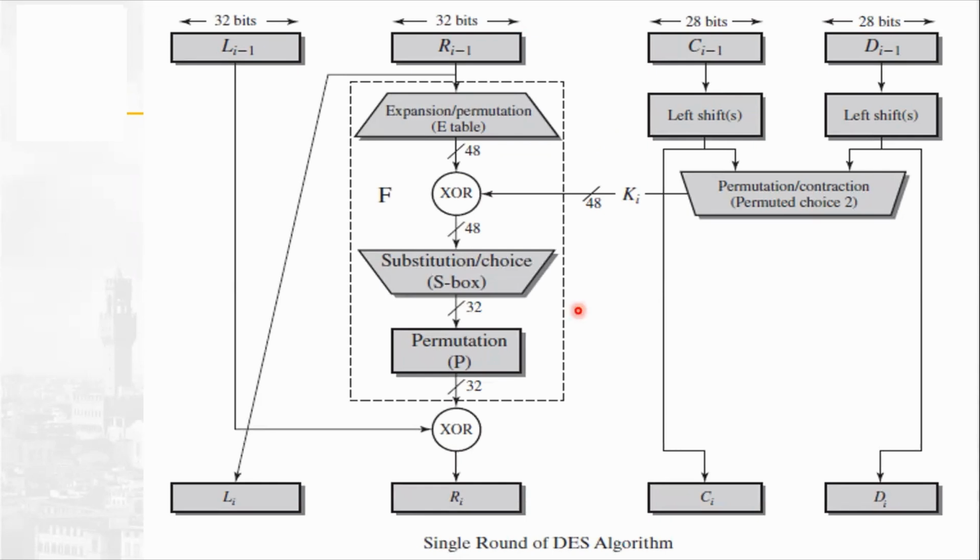The answer lies in this diagram. When every step is known to the hacker, why could they not break it? There were many hackers trying to break DES, but they could not for 23 years.